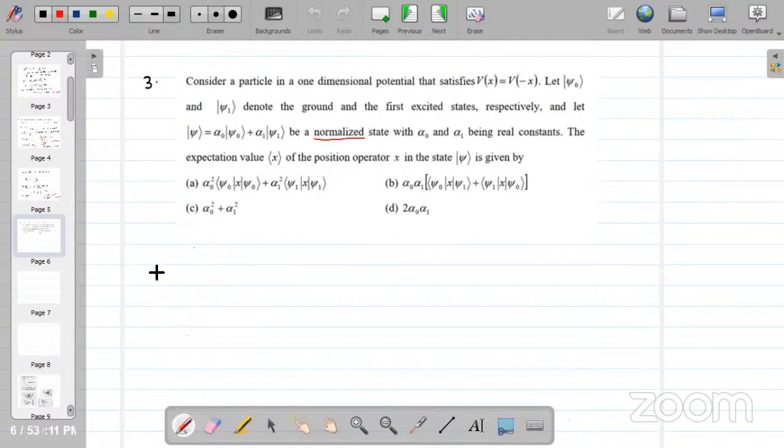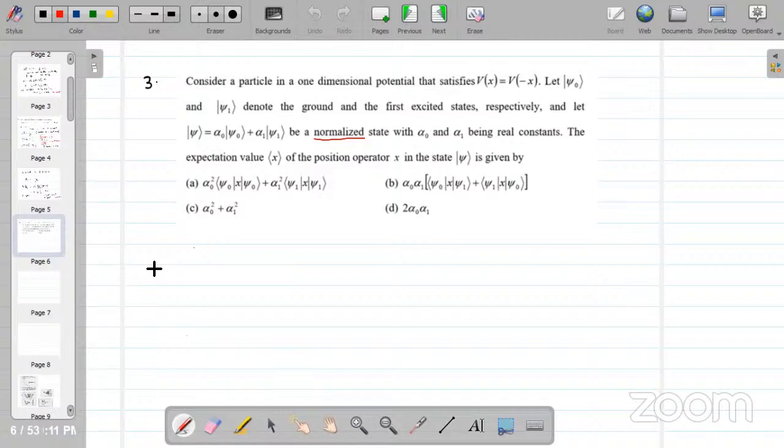Let's read the third question. We have a particle in one dimension whose potential satisfies V of x is equal to V of minus x. It implies the potential energy is an even function.